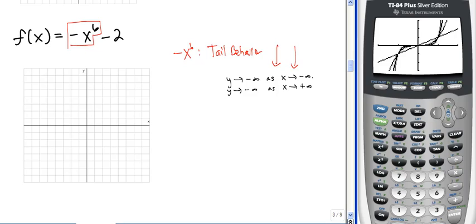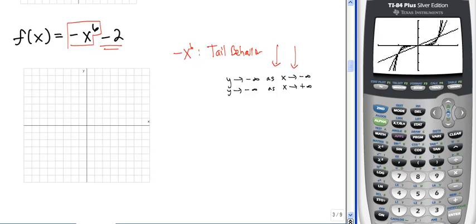Okay? So we know what our tail behavior should look like. What about where it's going to be centered at? What kind of shifts do we have going on? What does this -2 do to my graph? Well, it's on the outside of the power, so that's important to know.